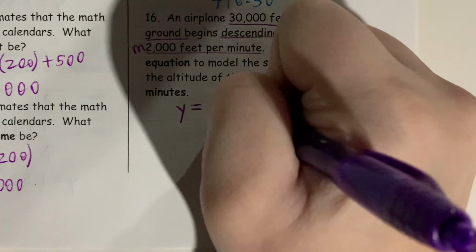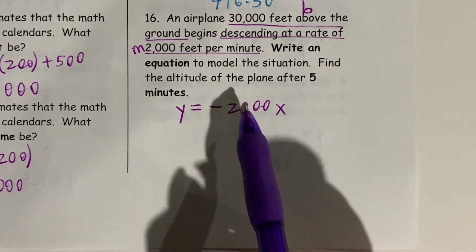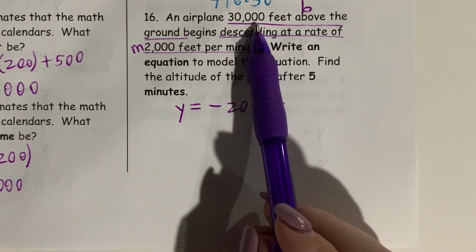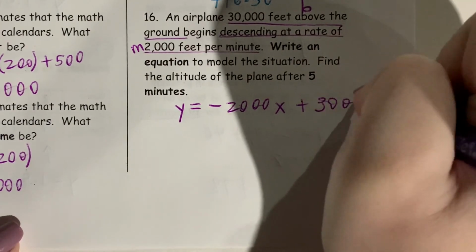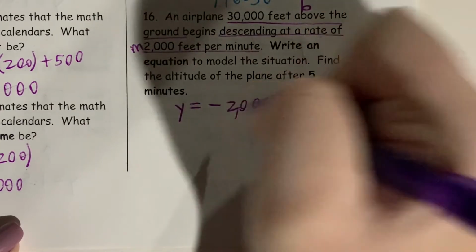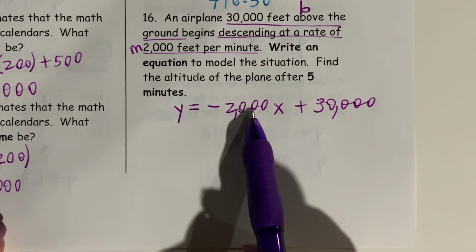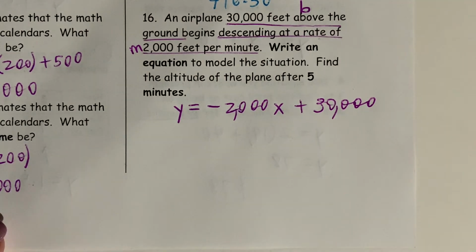So that should be negative 2,000 feet per minute. So we could say negative 2,000x. And then we have to consider our starting value or our initial value. We started up at 30,000. Adding some commas there. So we're descending at a rate of 2,000 feet times the number of minutes, plus our starting value. We started up in the sky, up at 30,000.